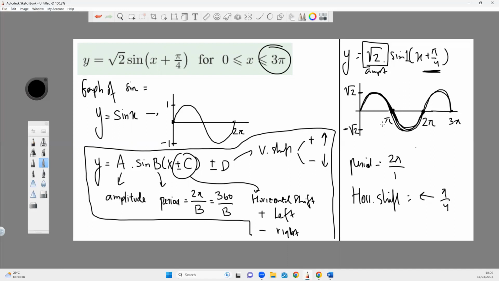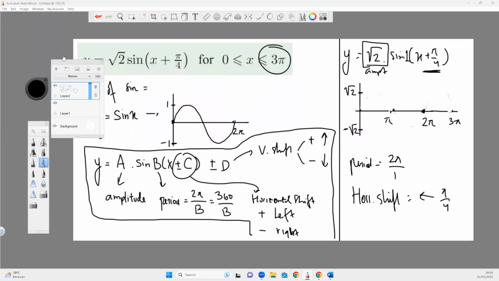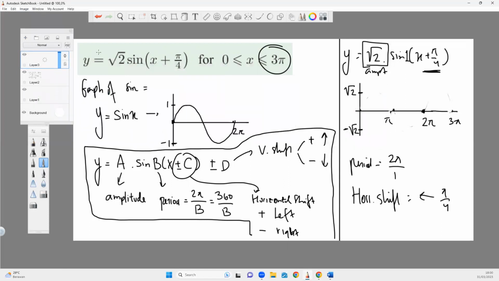In this case, we need to draw one more time. Okay, I will give you the idea of doing this. Actually, wait, I need to show the layer editor. There you go. And then I am creating another layer.